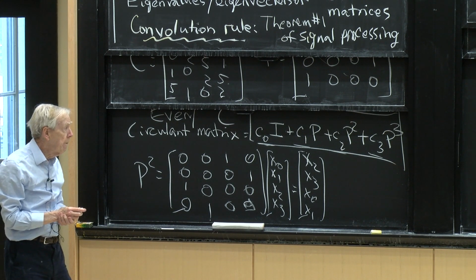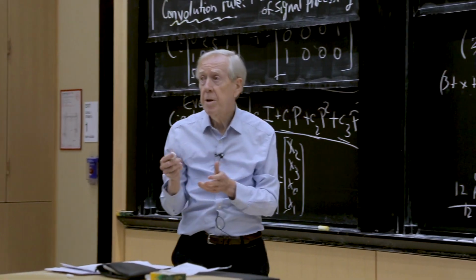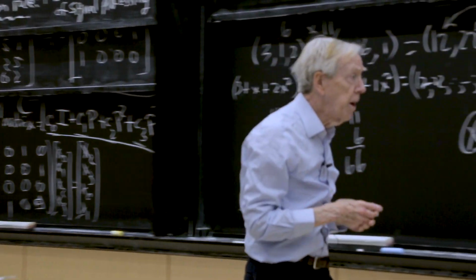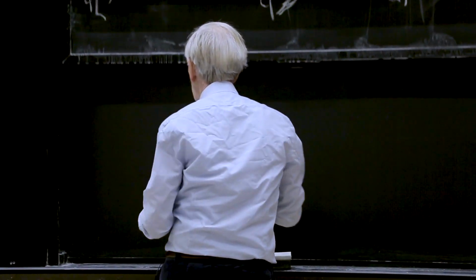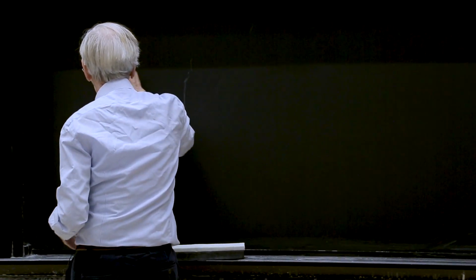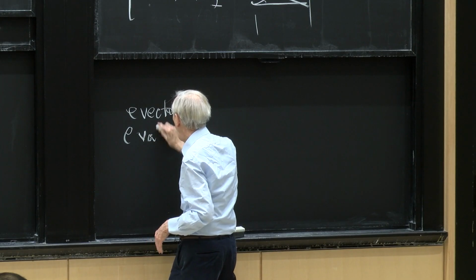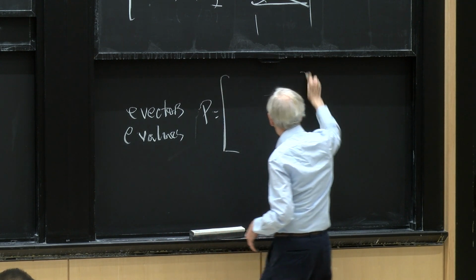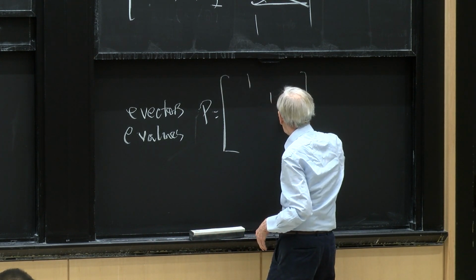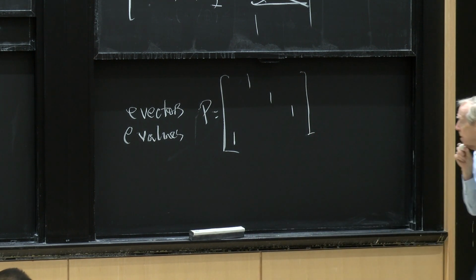Yeah. So that's the final step here. What are the eigenvectors and eigenvalues of P? So, eigenvalues for P equal 1, 1, 1, and 1, say, and otherwise zeros.